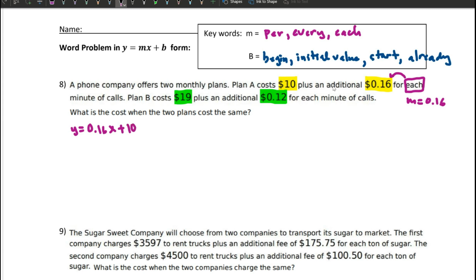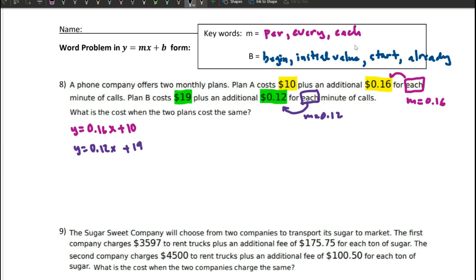Plan A costs $10 plus additional, so $10 is the beginning and the additional is something you're going to pay per minute, which is 0.16. Same thing for plan B. So y equal to, plan B costs $19 plus additional 12 cents for each minute. So that tells you the slope. So that will be 0.12x plus 19.